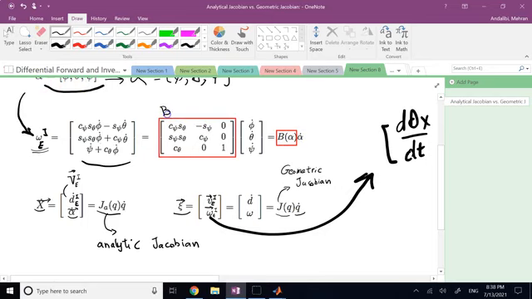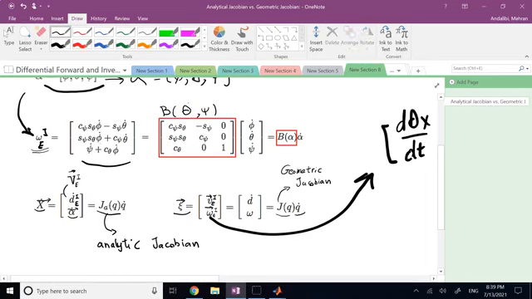As I said, it is actually only theta and psi. There is no phi in this one.